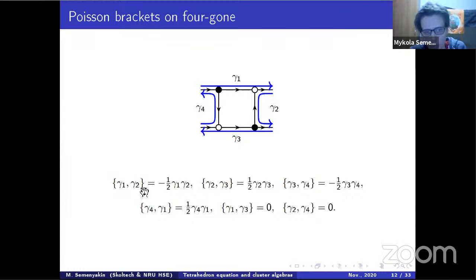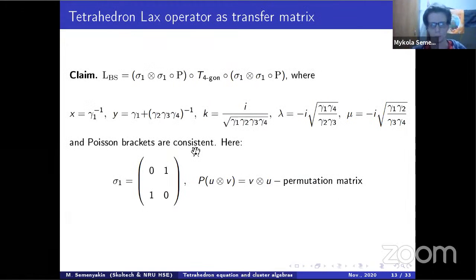So the Poisson bracket of gamma 1 and gamma 2 is minus 1/2 times the product of these variables.